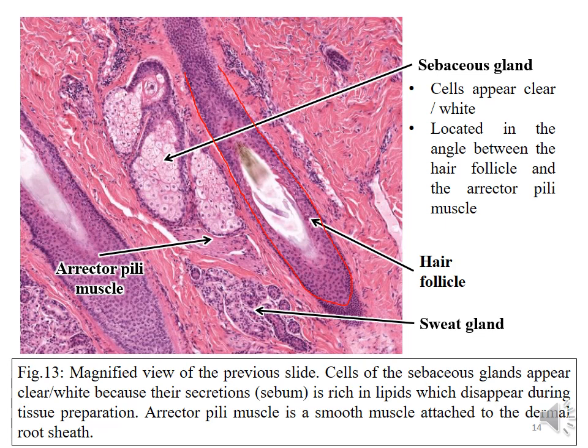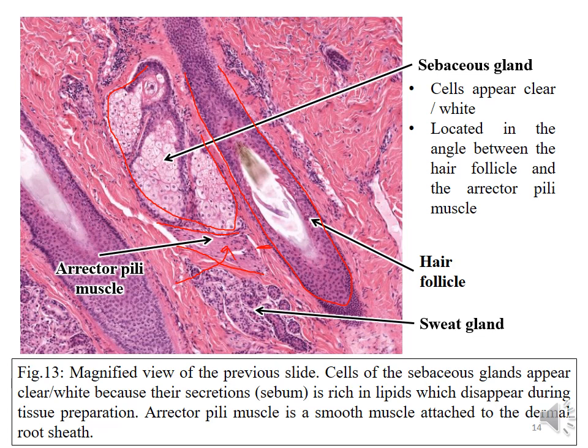And here we have the erector pili muscle attached to the dermal root sheath. Notice how this is the sebaceous gland. Notice the position. The sebaceous gland is located in the angle between the hair follicle and the erector pili muscle.